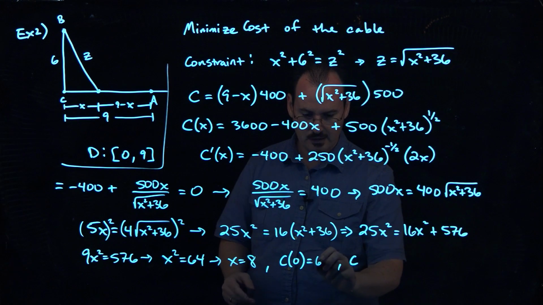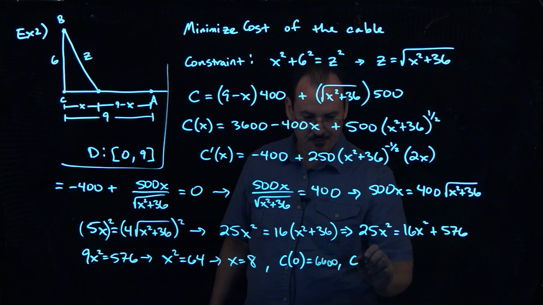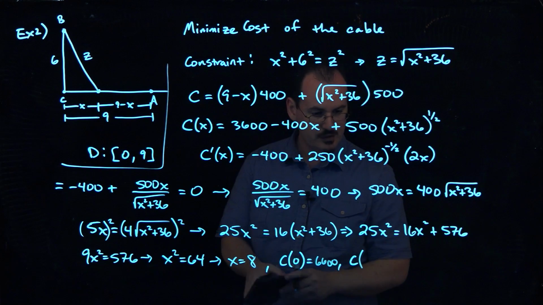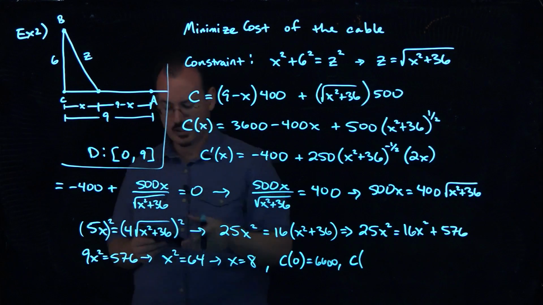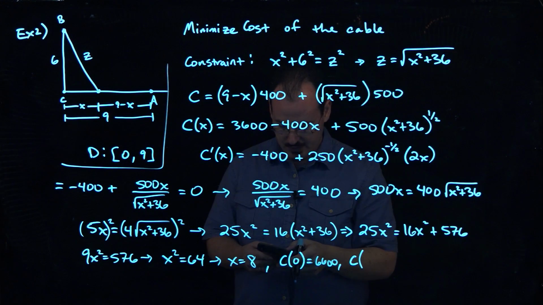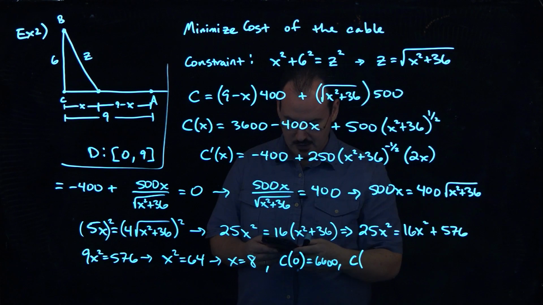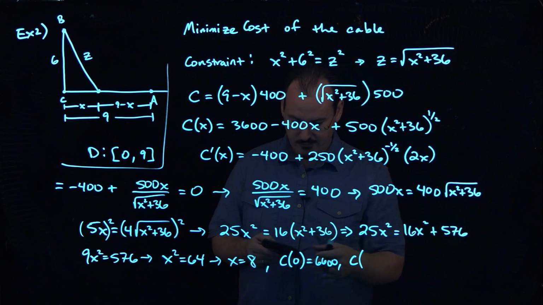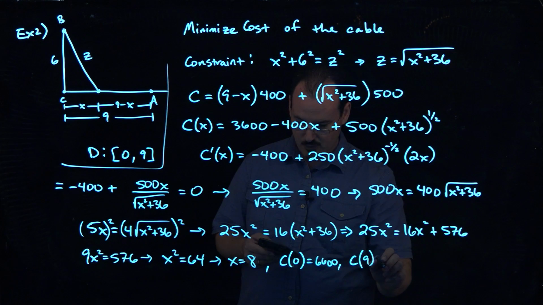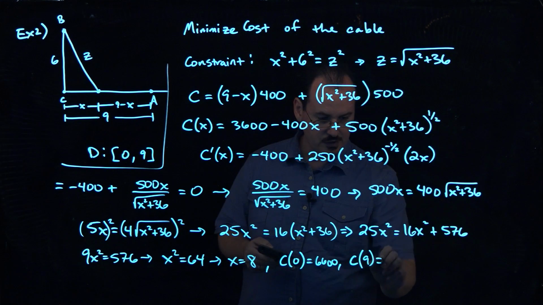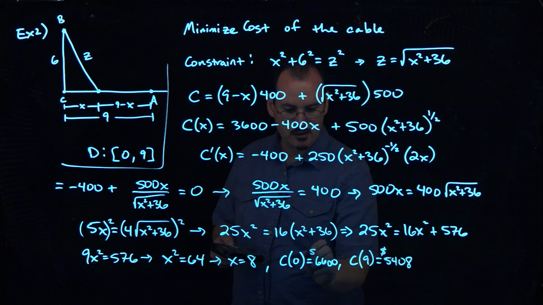If I plug in the other endpoint, 9, in other words, if I just go entirely in the water, let's see what we get there. I get C of 9 equals $5,408. So it's less if I just run underwater the entire time.